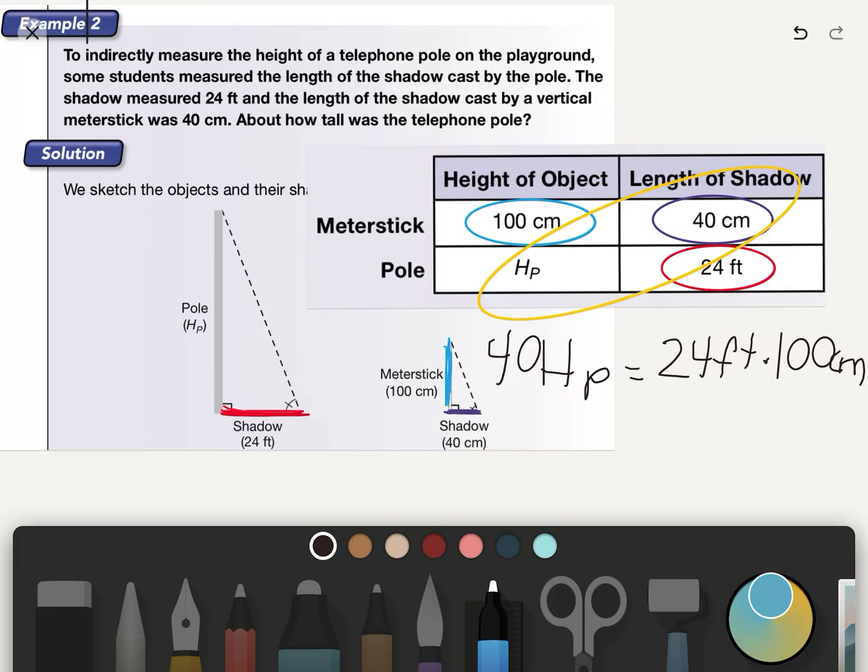All right. Oh, and I should have said 40 centimeters over here. Excuse me.